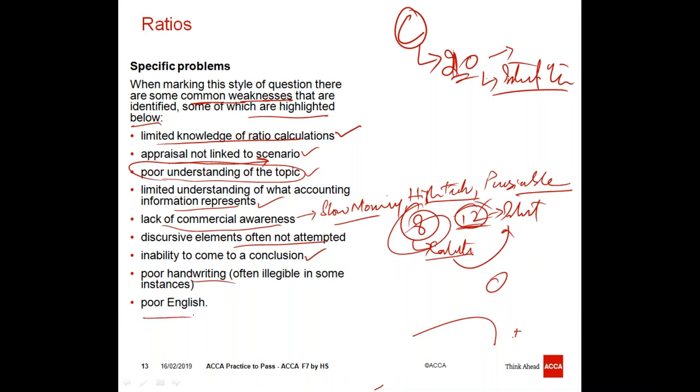Poor English. Poor English means if the gross profit ratio of the business has increased from 10% to 10.2%, and the student's comment is that there is a drastic improvement in the profitability of the company, the gross profit ratio has increased tremendously, or the gross profit ratio has deteriorated significantly.